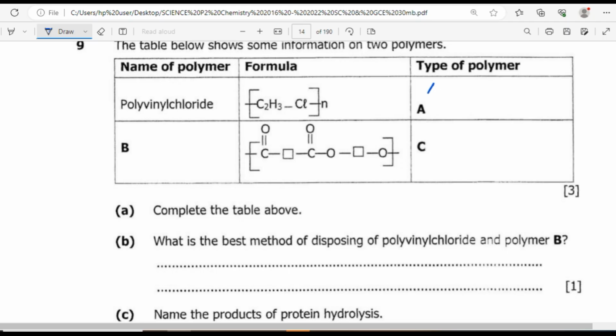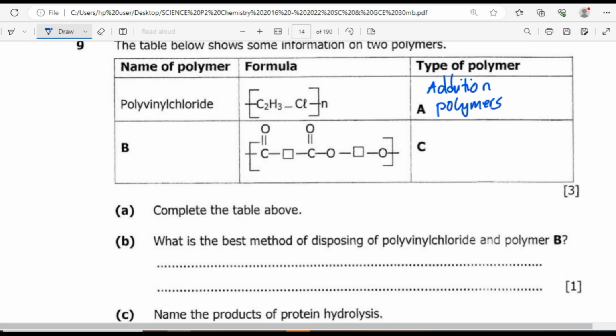This is known as an addition polymer. Addition polymers are those polymers where you add two or more monomers, and the only product is the polymer.